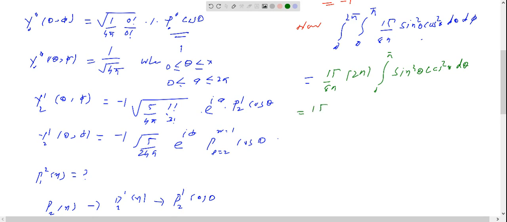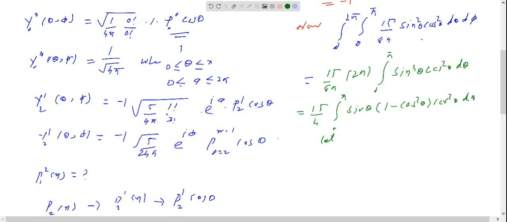Therefore 15 out of 4 into the integral from 0 to pi of sine theta into (1 minus cos square theta) into cos square theta d theta.